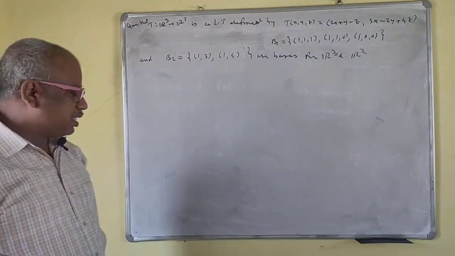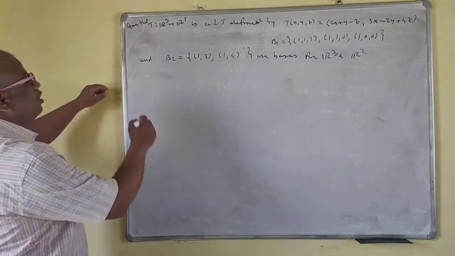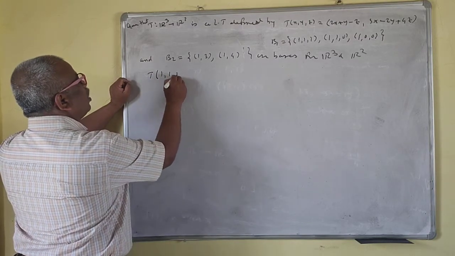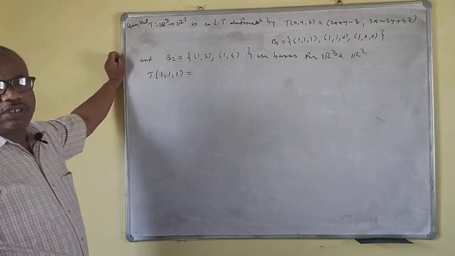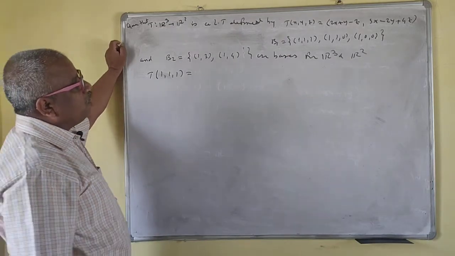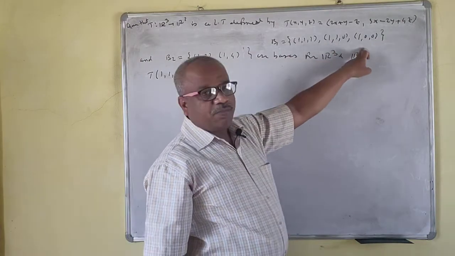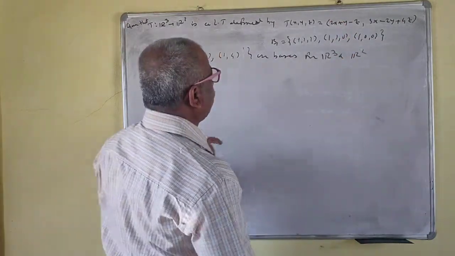Domain and codomain bases are given. So what do I have to do? The first basis element is what? T of 1 1 1. We have to find T of 1 1 1. So what is T of 1 1 1?